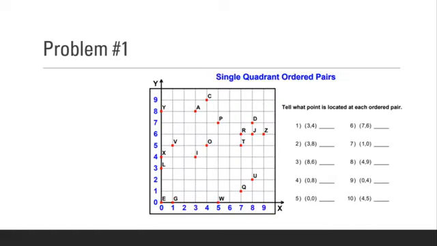So here we go. Here is an example problem for you. On this one, we have a single quadrant. So that means I have one box, okay? And I have a whole bunch of points, and some questions. It says, tell what point is located at each ordered pair. I'm not going to do all of these with you.